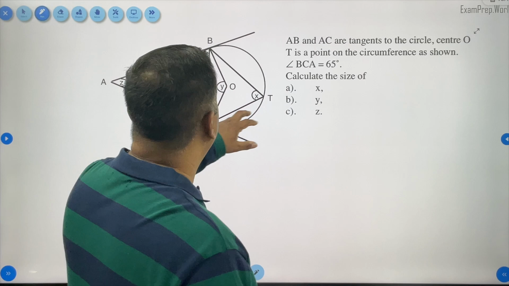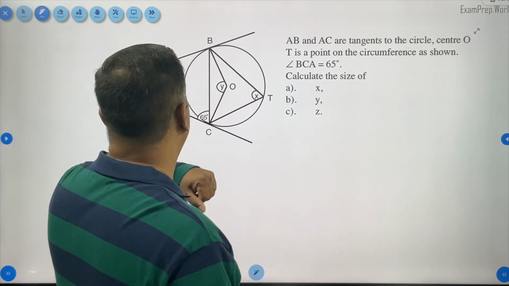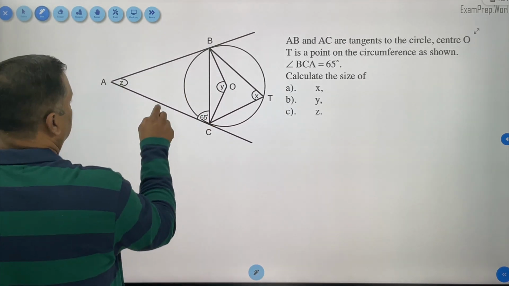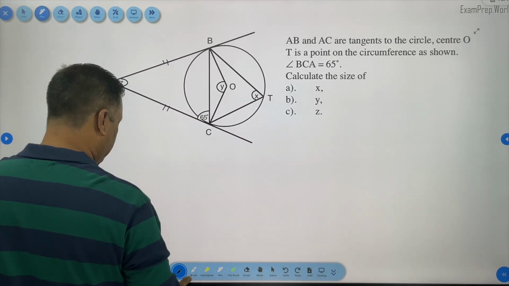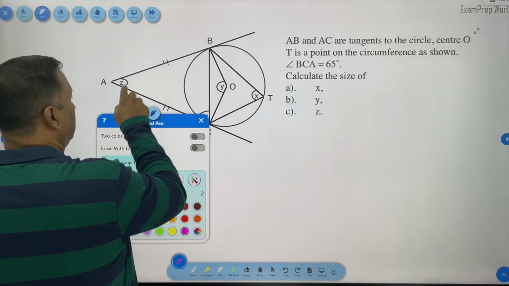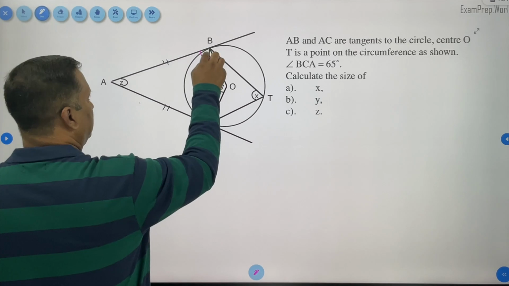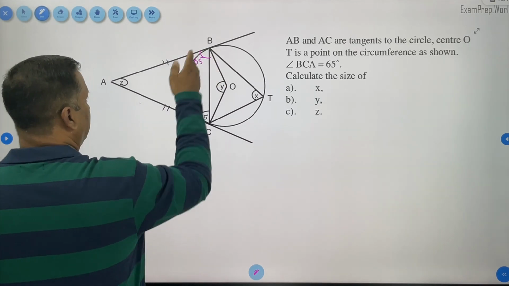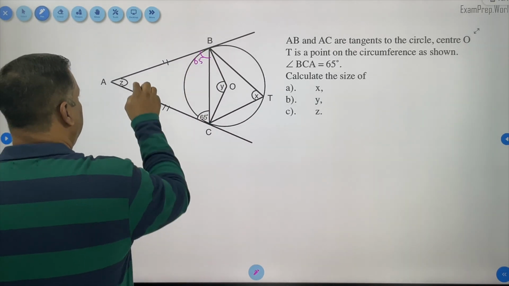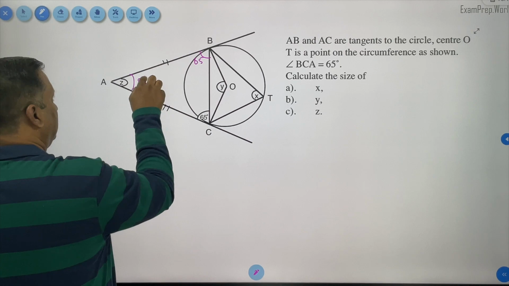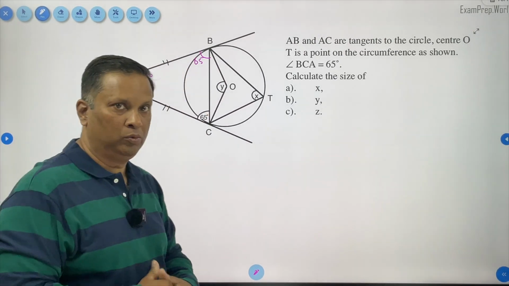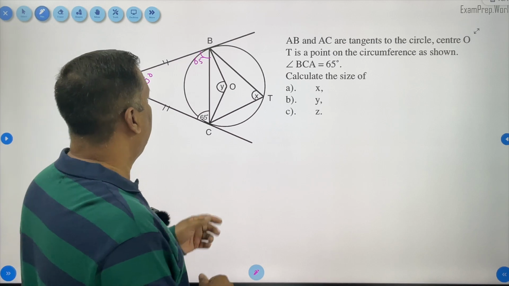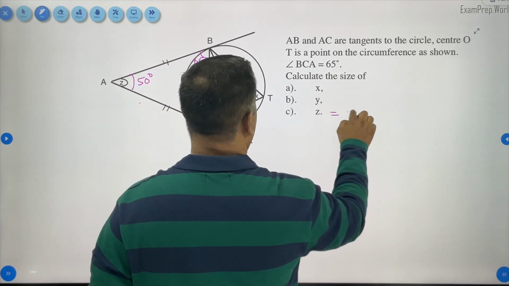Tangent circle O, BAC is 65. See this one. These two tangents are equal from an external point. So if this is 65, this also has to be 65. 65, 65, 130. So this has to be 50 degrees, because in a triangle the sum of all the angles is 180. So we already found z is 50.